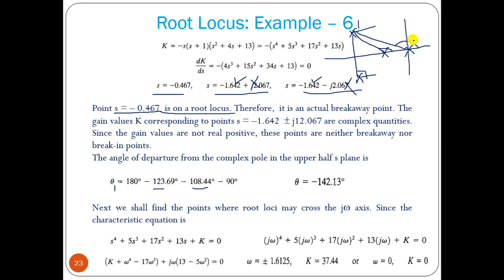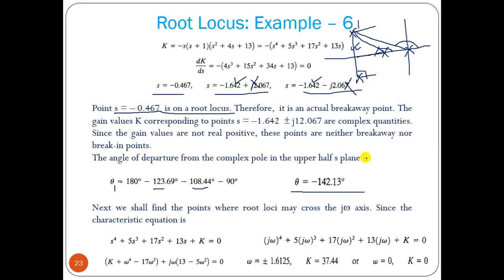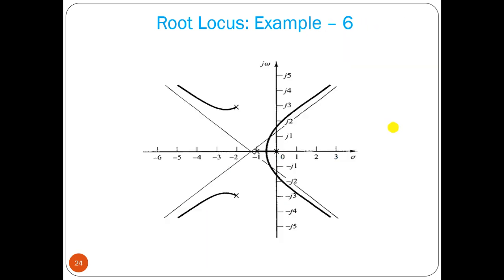These two we get as 180 degrees minus tan inverse of perpendicular by base, and so on, which we can find out. That is your theta, about -142. So along this way it should go.